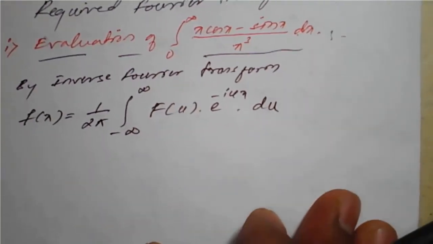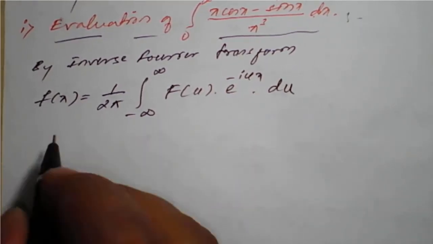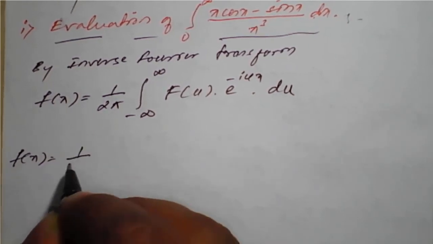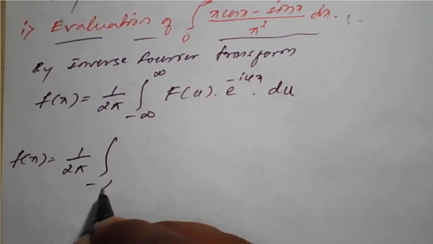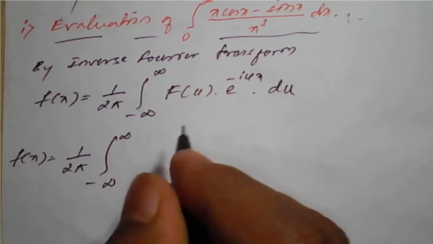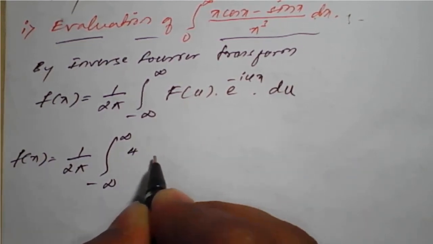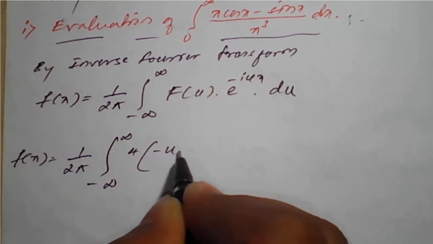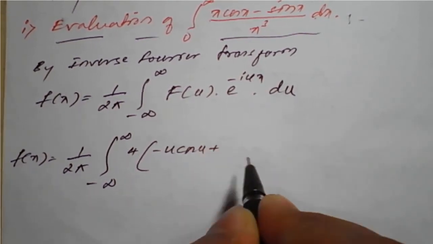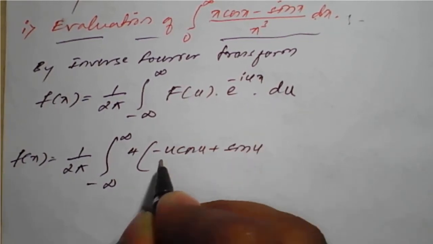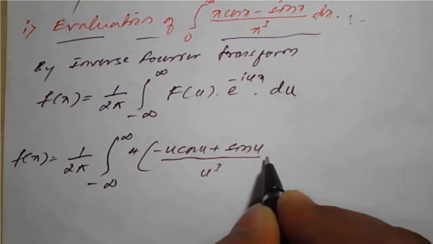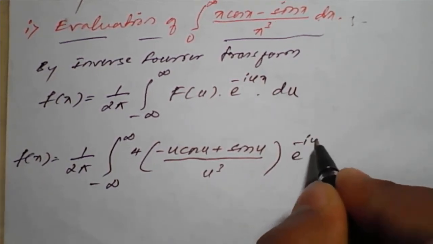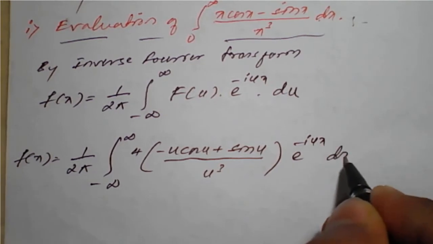So we'll get f of x is equal to 1 upon 2 pi integration from minus infinity to plus infinity of 4 into minus u cos u plus sin u divided by u cube into e raised to minus i u x as it is into du.